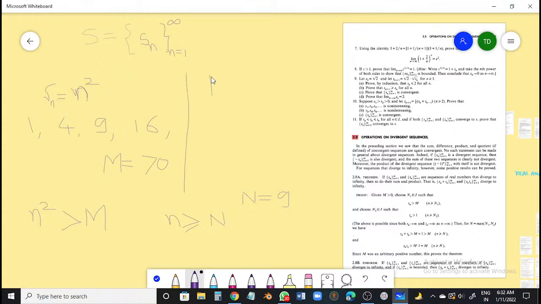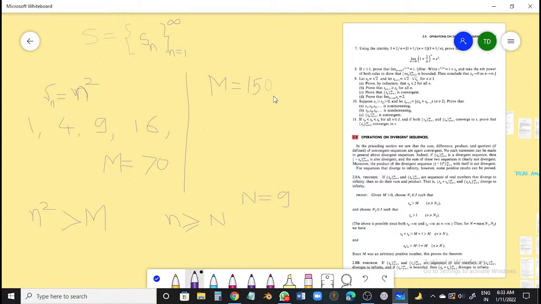If you ask me another number, we can still go with it. Suppose you want M equal to 150. What can you say? I want terms whose value is greater than 150. We know the square numbers. 11 square is 121. 12 square is 144.